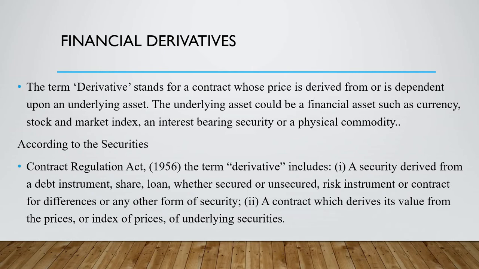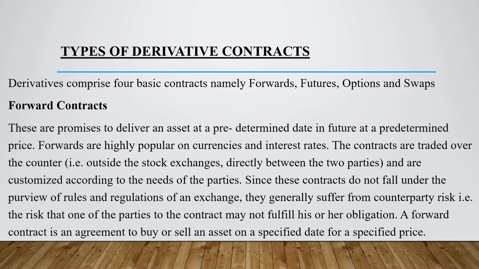A contract which derives its value from the price or index of prices of underlying securities is known as a derivative. Now we will see the different types of derivative contracts.